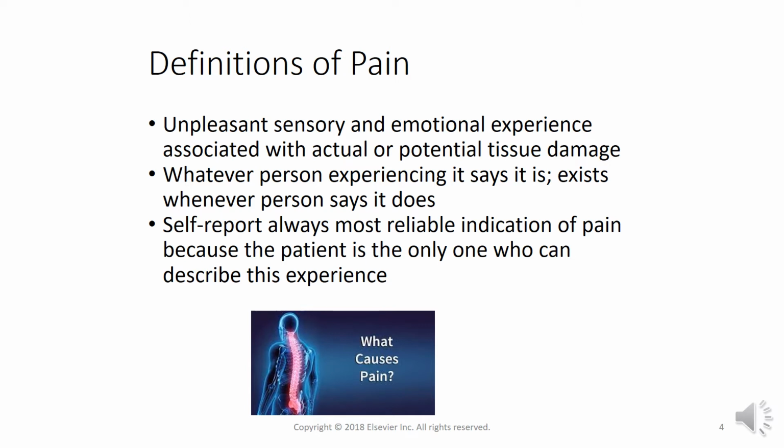So pain is whatever the patient says it is. Self-report is always the most reliable indication of pain because the patient is the only one who can describe his or her experience. Pain is very complex and it takes different approaches to control it.